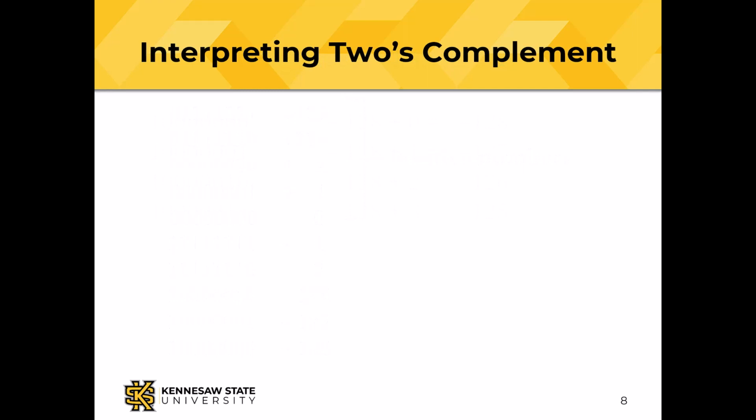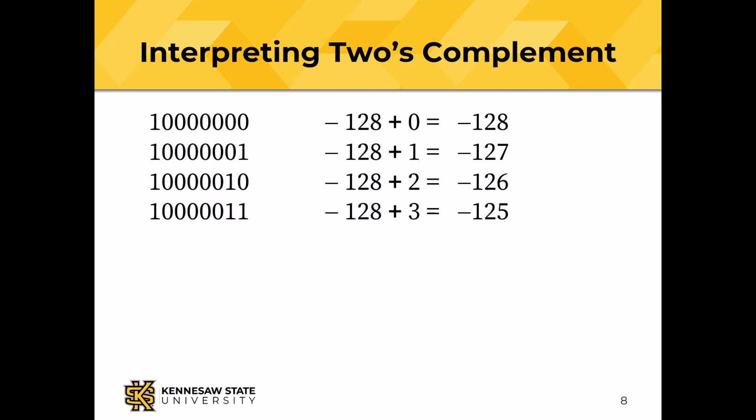So let's look at some more of those. A 1 and 7 zeros is a minus 128 plus 0, and that's a minus 128. A 1, 6 zeros, and a 1 is minus 128 plus 1. That's a minus 127.